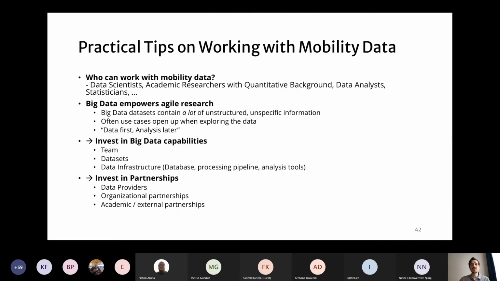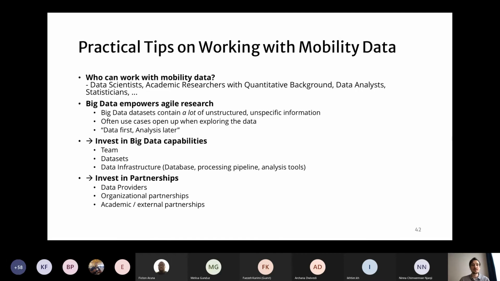We found that often use cases or interesting lines of research open up when we explore the data. It's hard to tell in advance what might be interesting questions or what you can answer with this data. So it makes sense to think a bit like data first, analysis later, because it opens up a lot of possibilities that you might not have known before.